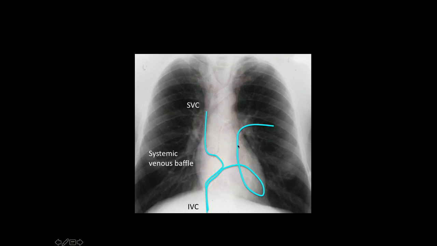And then the left ventricle is in the normal position in a d-transposition who had a Mustard. So it's systemic venous baffle to the left ventricle, which is leftward and posterior, and then your pulmonary artery is over here leftward, and then your pulmonary valve and main pulmonary artery, and then your PA. So that's a kind of a typical one.